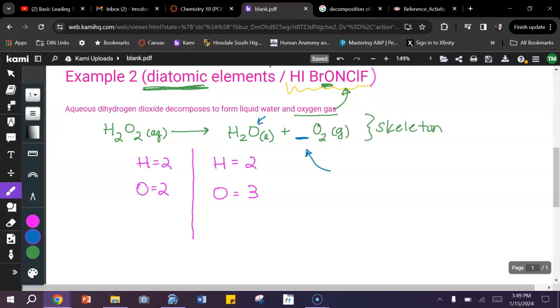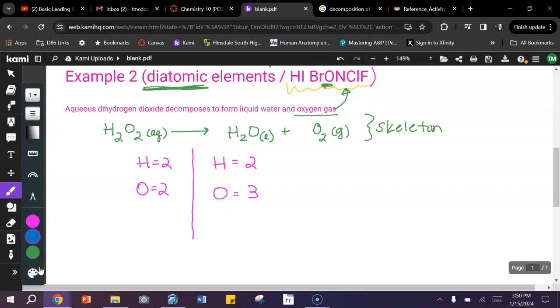So like if I were to put a 2 here, that means that I would have 5 oxygens. And then the trouble is that there's no number that you can multiply by 2 to give you 5 or to give you any odd number. So I don't want to work with my oxygen molecule here. Instead, I'm going to work with water.